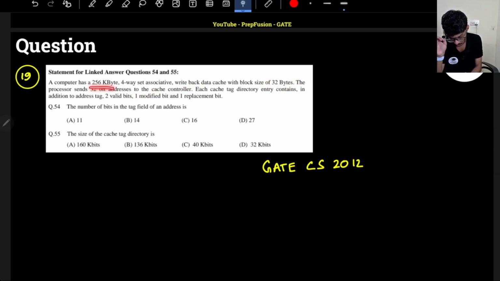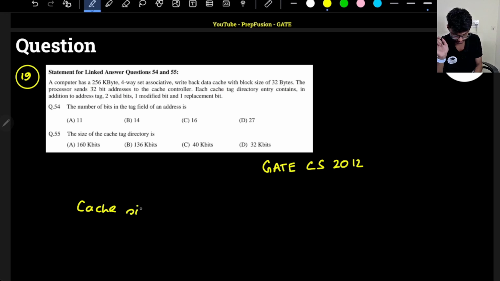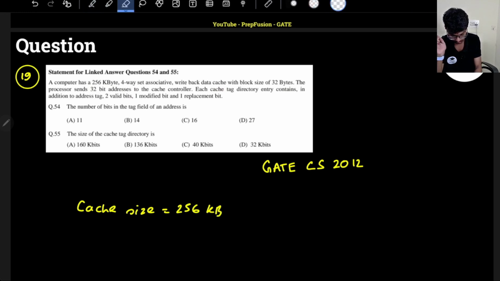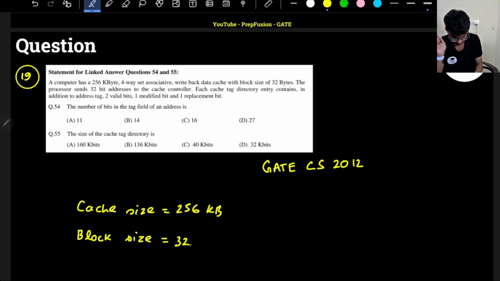It has 256 kilobytes of cache size, so cache size is 256 KB. Block size is equal to 32 bytes.